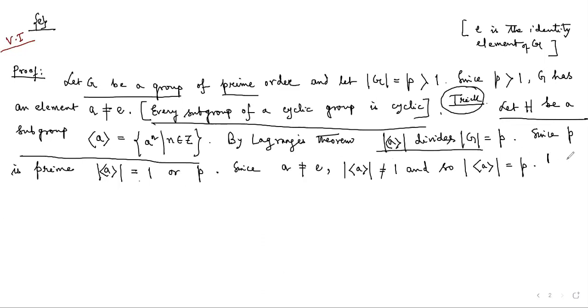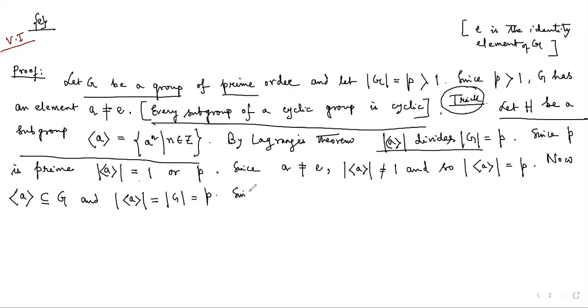Now, we know that this subgroup generated by the member small a of capital G is definitely a subset of the group capital G. And also we have come across the fact that the order of this subgroup is actually equal to the order of the group, which is small p.